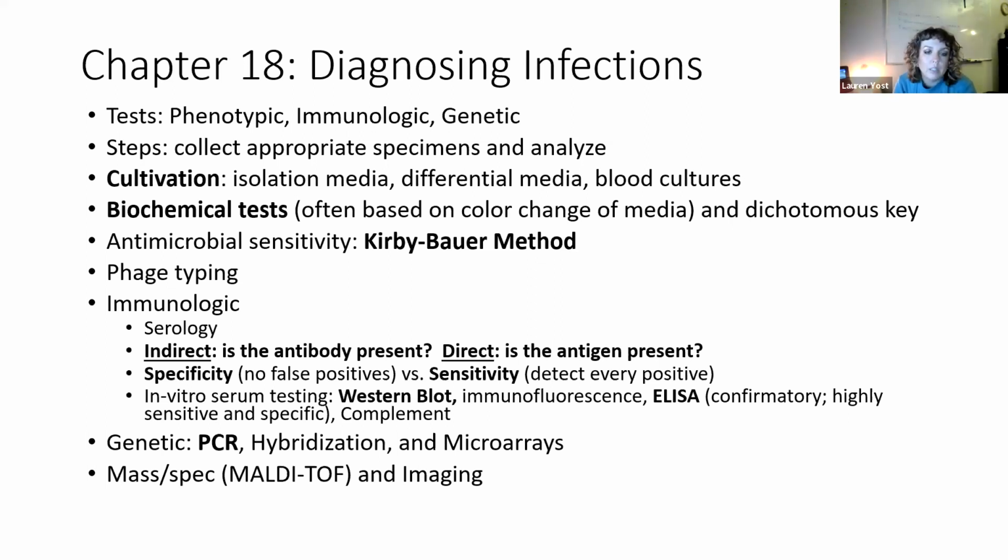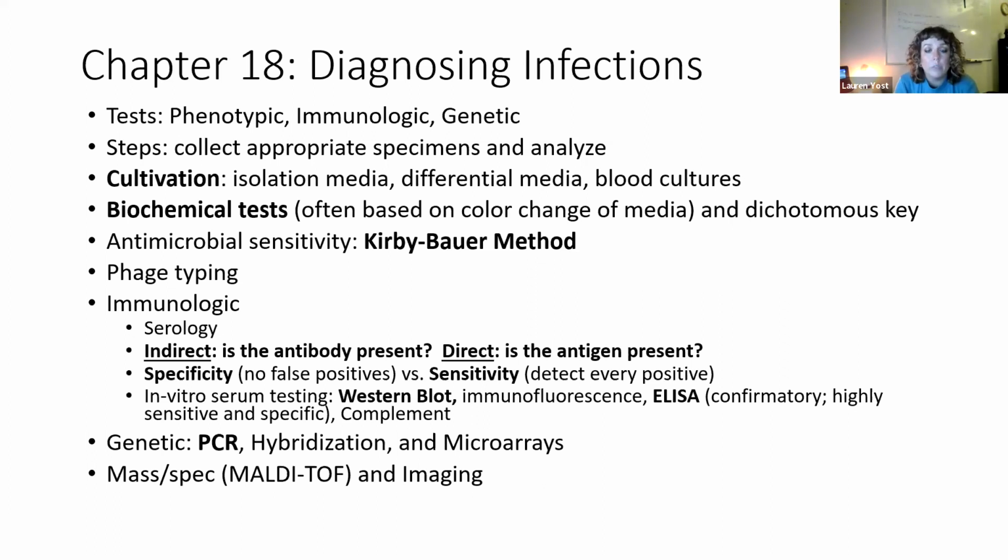Then we have immunofluorescence, where we have antibodies that are linked to some sort of fluorescent molecule that glows. And if that antibody can associate with the thing, then we would associate that with the presence of that thing. So that could be looking for the antigen in the patient, in which case that is the direct version of immunofluorescence.